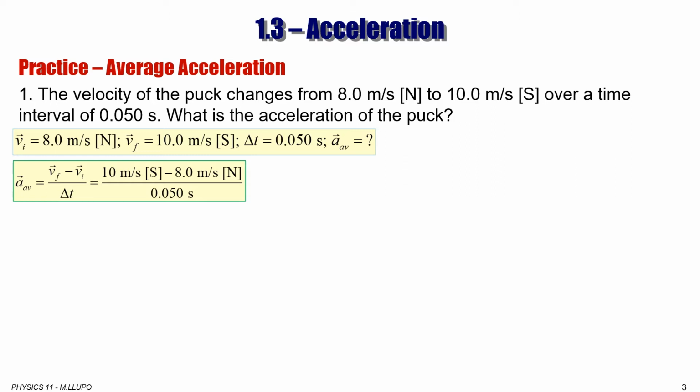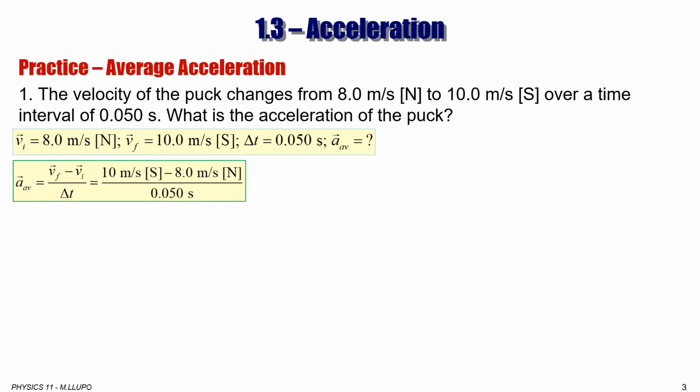And we can plug in numbers there. V final is 10 meters per second south, v initial is 8 meters per second north, and interval of time is 0.050. We have a problem here because we have south and north in the same equation. So we cannot do a mathematical calculation unless directions are the same. That's why we flip one of them. It makes more sense to flip north to south because it has a negative in front.